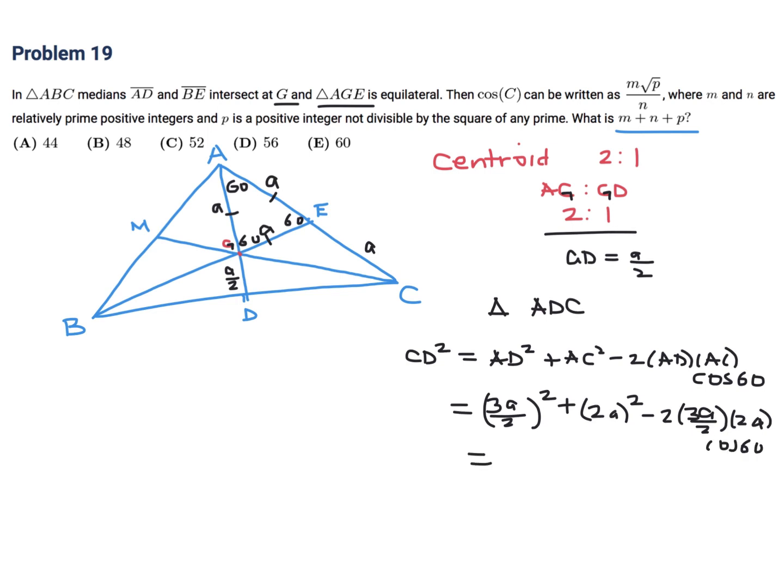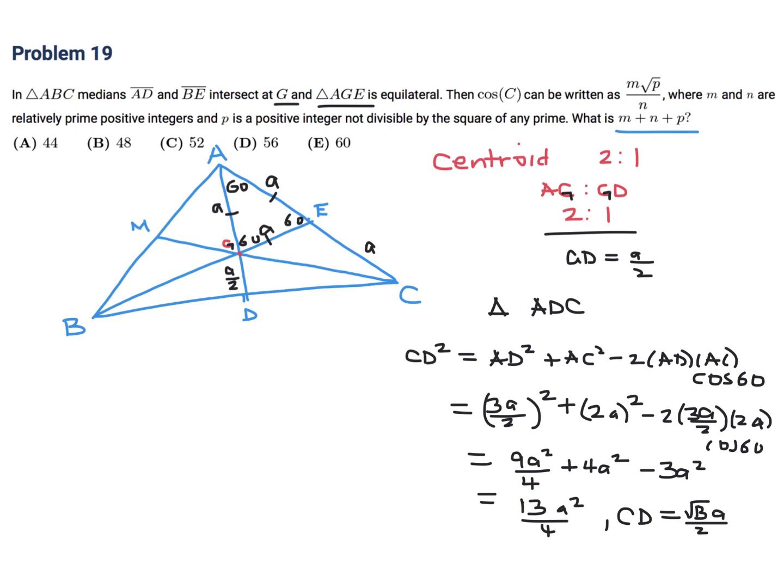Okay, so crunch out these numbers. And when you do, you get 9A squared over 4 plus 4A squared, and this all comes to minus 3A squared. And this gives you, when you add it all up, 13A squared over 4. So that means that CD, if you take the square root, will be root 13A over 2.